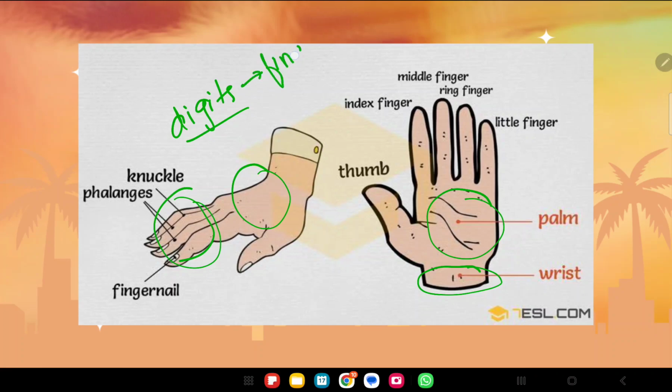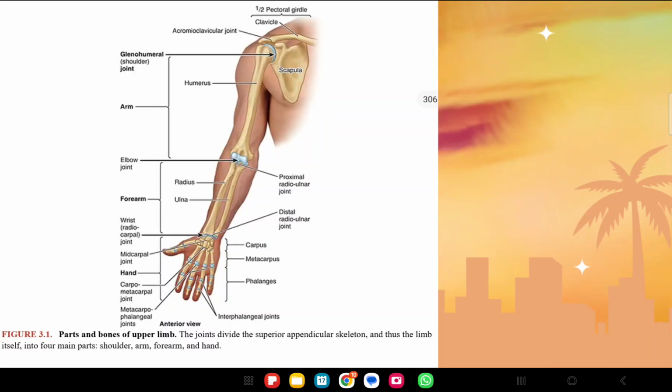When we study further, you will know that our fingers have sensory endings, so we can feel touch, pain, and temperature through the sensory neurons present in our fingers. Although they are present all over the body, they are abundantly present at the fingertips, right?